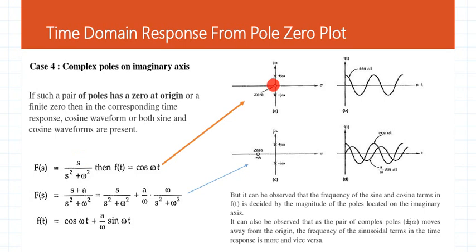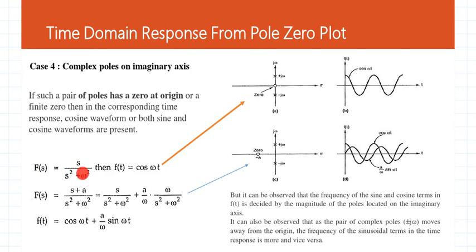To get the 0 we need to equate the numerator to 0. Equating the numerator to 0 gives us s equal to 0, right? And therefore we get a 0 at the origin. So a 0 at the origin modifies the transfer function to s upon s square plus omega square.